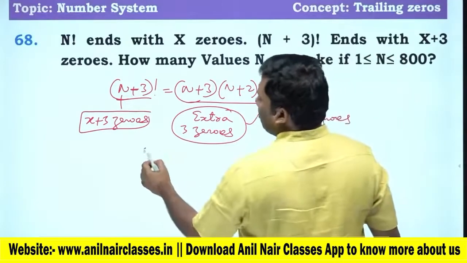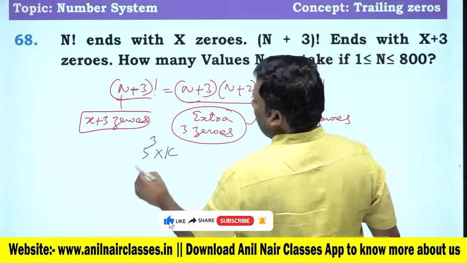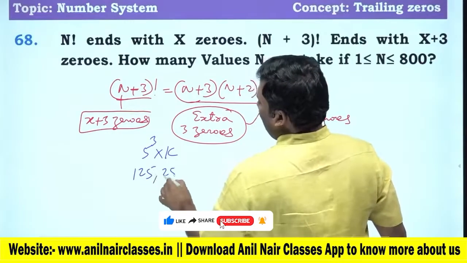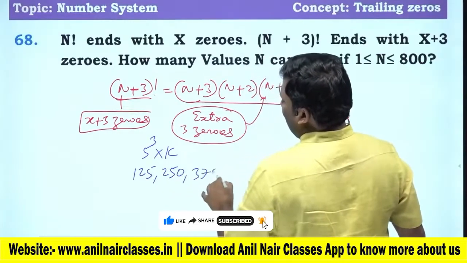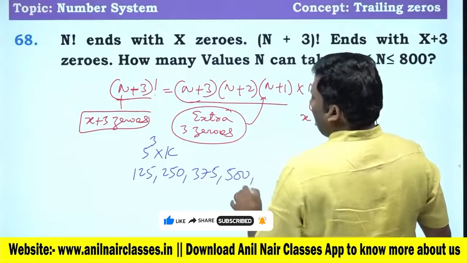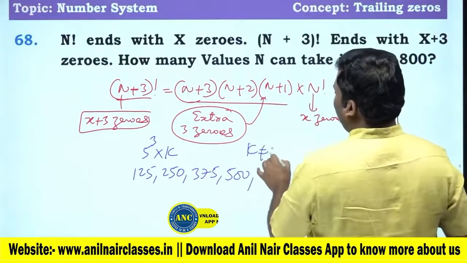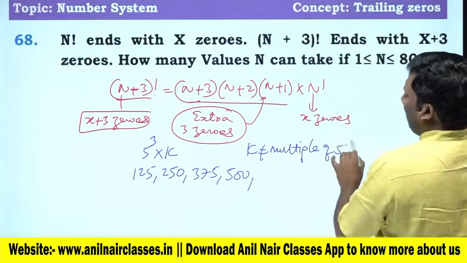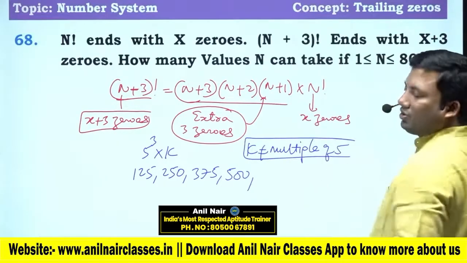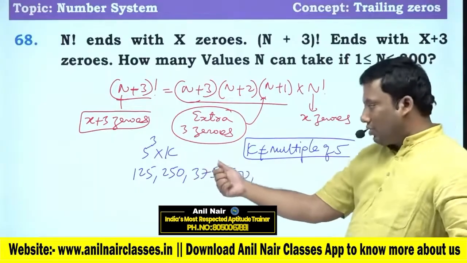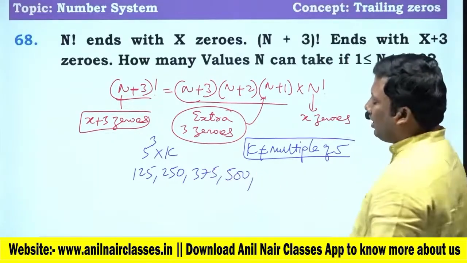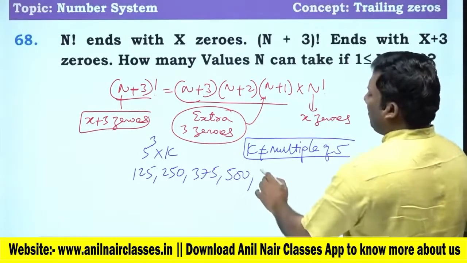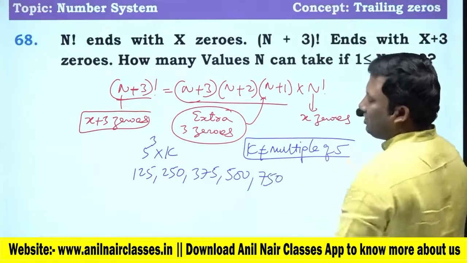3 zeros means it should be 5 cube into k: 125, 250, 375, 500. K should not be a multiple of 5, otherwise I will get 4 more zeros. 125 ones, twos, threes, fours. 625 is not possible. 750.